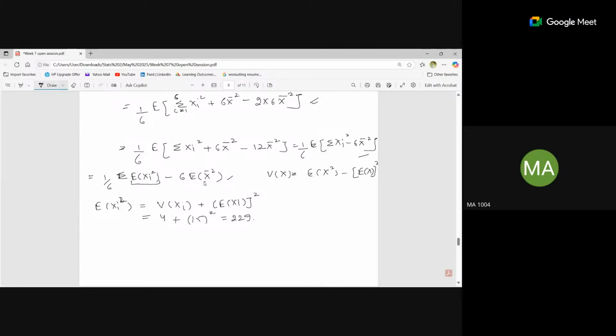Now I need to find out expectation of x bar square. Same: expectation of x bar square will be equal to variance of x bar plus expectation of x bar whole square. Fine. Variance of x bar is 4, how?